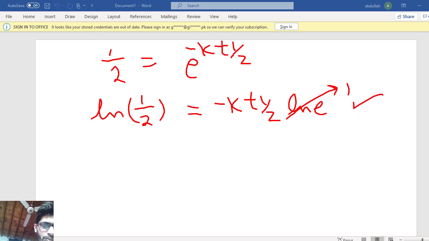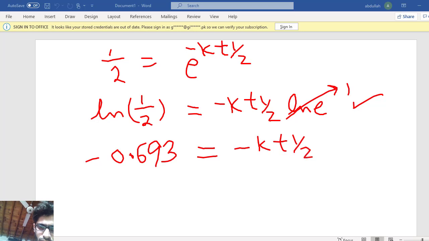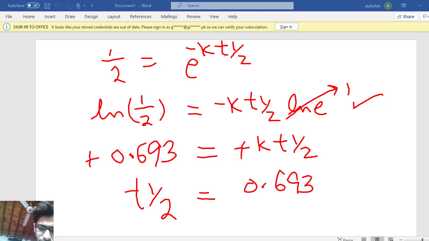Now ln of one half is equal to minus 0.693, so minus 0.693 is equal to minus k t one half. The minus signs cancel, and the half-life from this relation is equal to 0.693 divided by k.